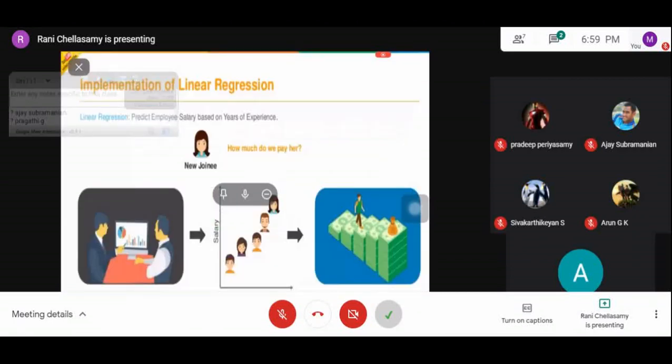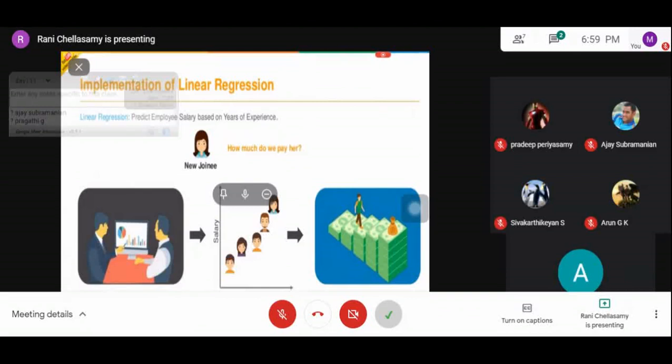Linear regression can also be used, as another example, to predict an employee's salary based on years of experience. Suppose a new employee is joining a company. The company has to decide how much to pay the new employee. The HR team is trying to figure out how much to pay.